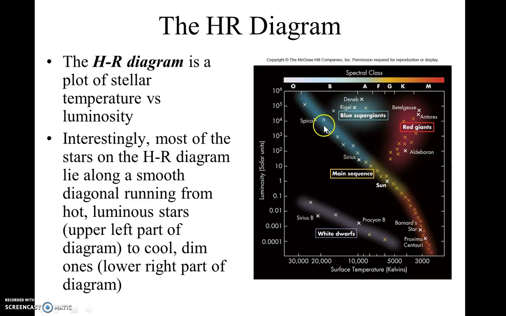These are stars that are normal, converting hydrogen into helium. Stars that are way up here are much hotter, much more luminous than stars down here. I'll talk a little bit more about that later. And then, as a star leaves the main sequence, it goes up into this region here.